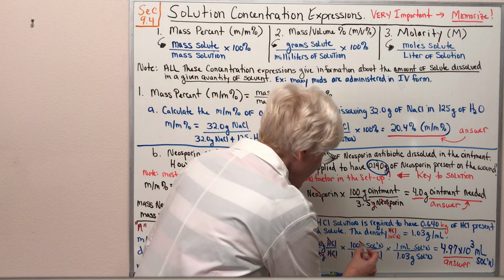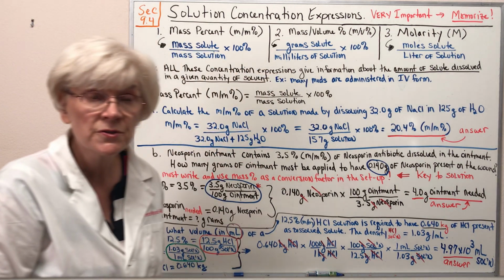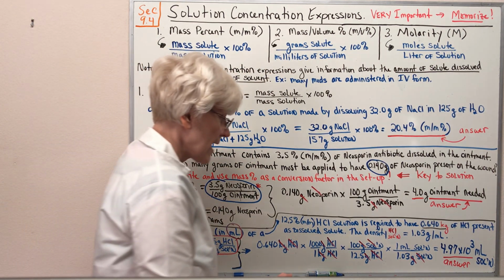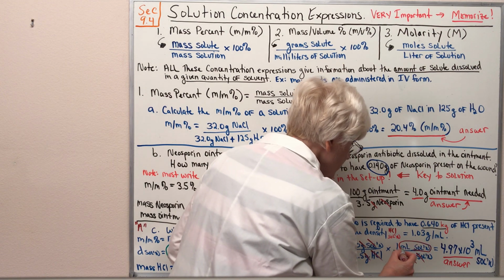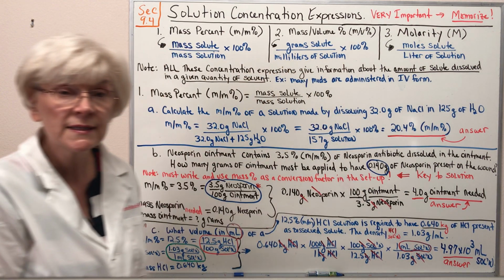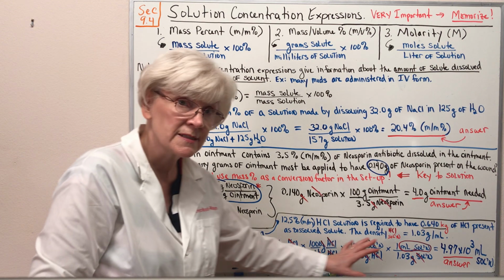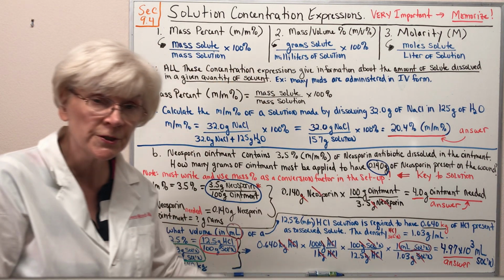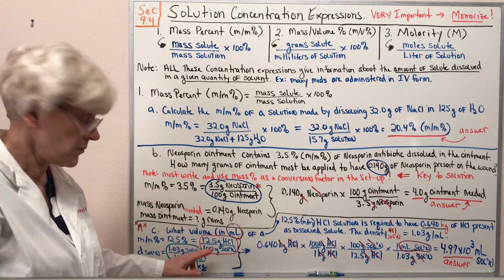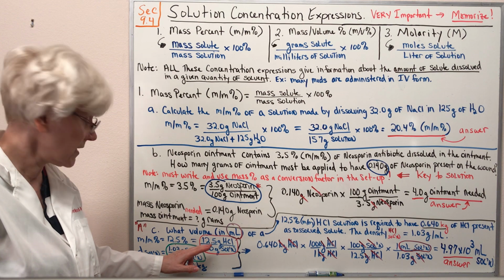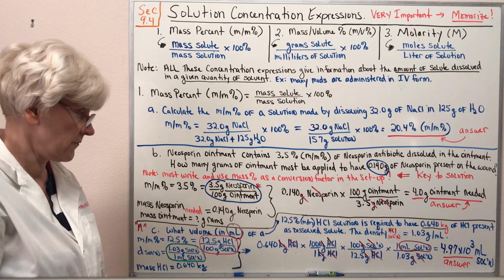If I look at the dimensional analysis, the grams of solution is canceling, and bingo, I am left with what I'm asked to solve for, milliliters of solution. So the dimensional analysis literally walked us through this setup and determined whether or not the conversion factors needed to be written in the standard form or in the flipped form.